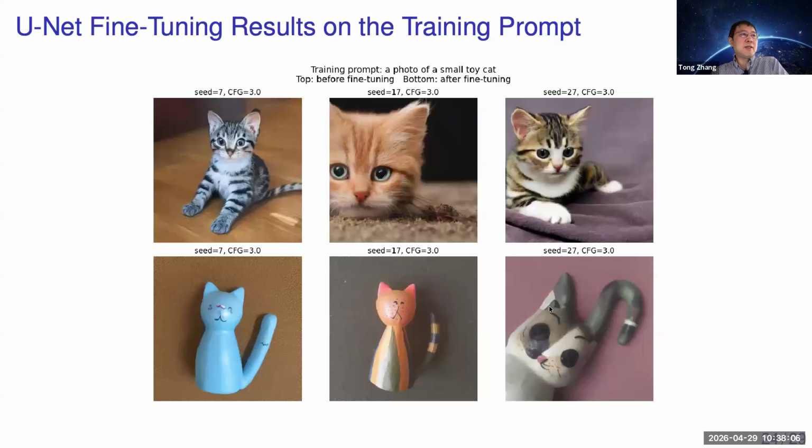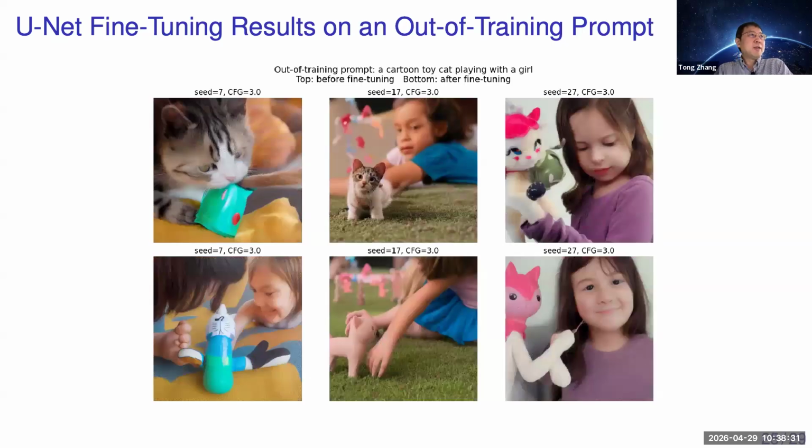This is slightly strange, because sometimes you have one image to generate, one image for fine-tuning and so on. This one is fine-tuning the whole neural net. The training prompt is a photo of a small toy cat, and you see that the fine-tuning is effective. It does generate something similar.